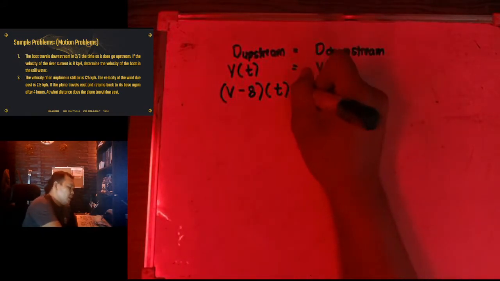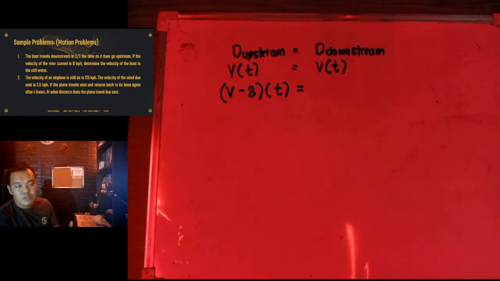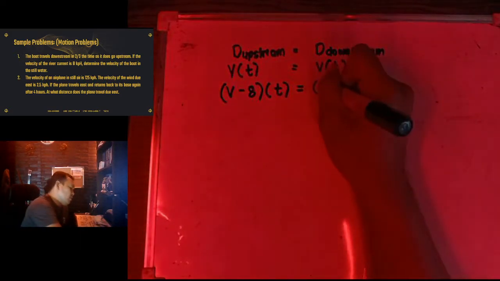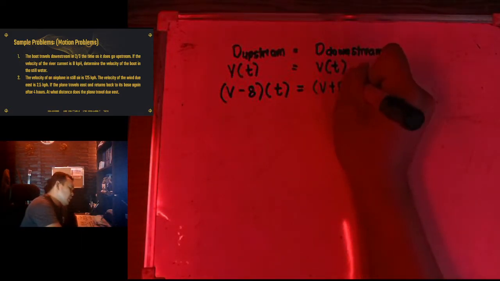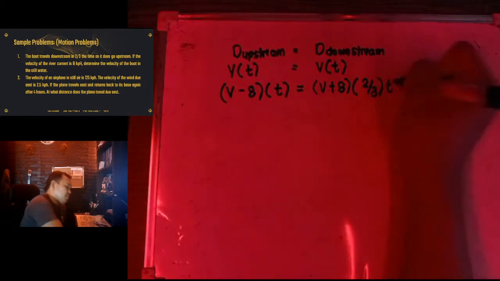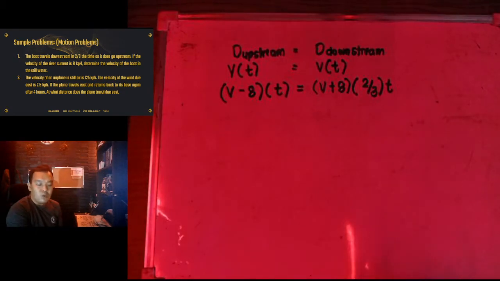Then, equivalent kay, syempre, yung velocity ng downstream mo, so yung takbo mo pababa, plus yung bilis pa ng takbo ng tubig, mag-add yun sa bilis mo ng takbo, di ba? So, we have here V plus 8 times 2/3 daw ng time na travel mo downstream.